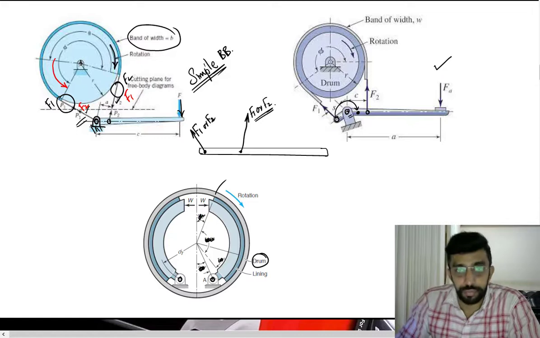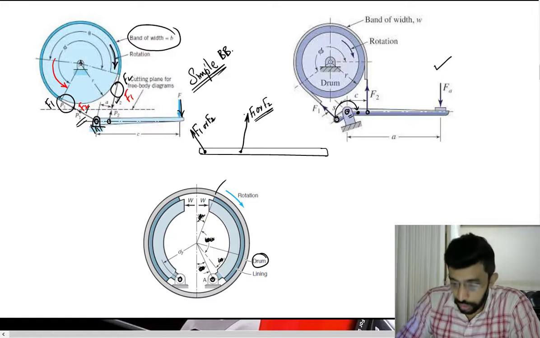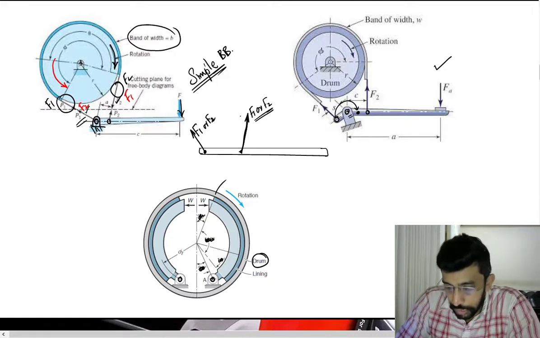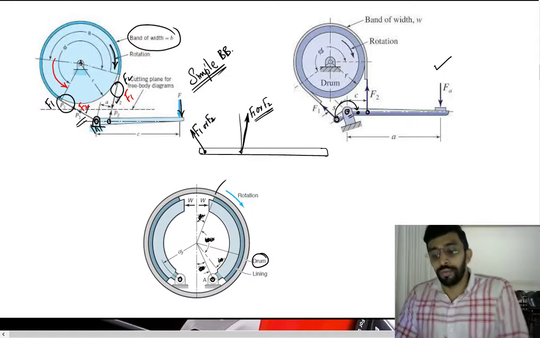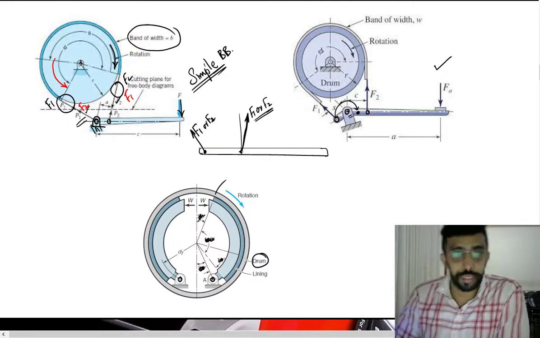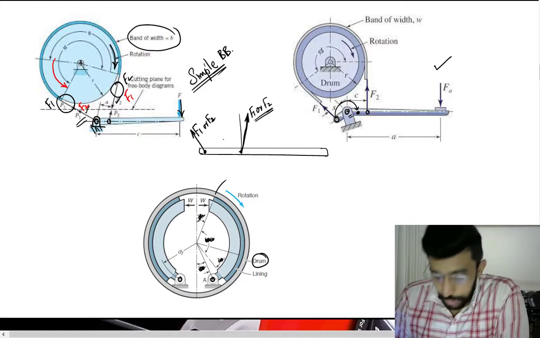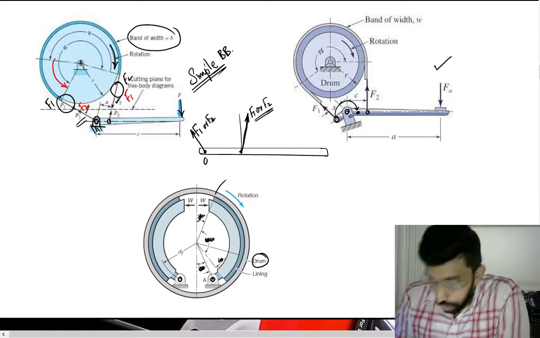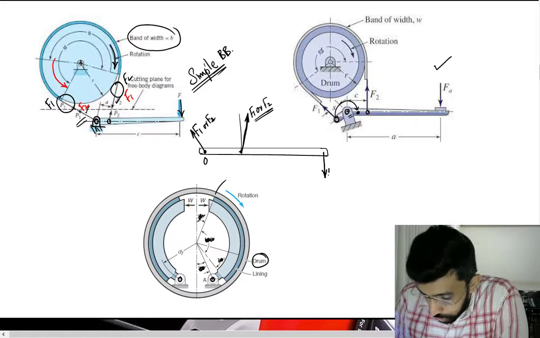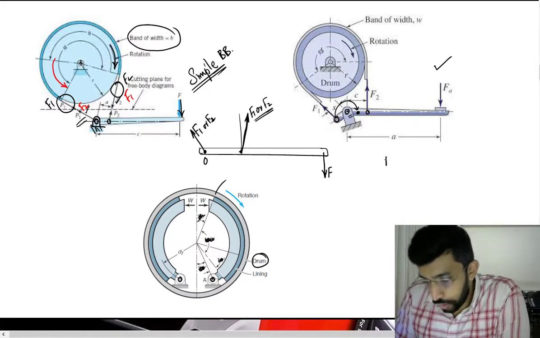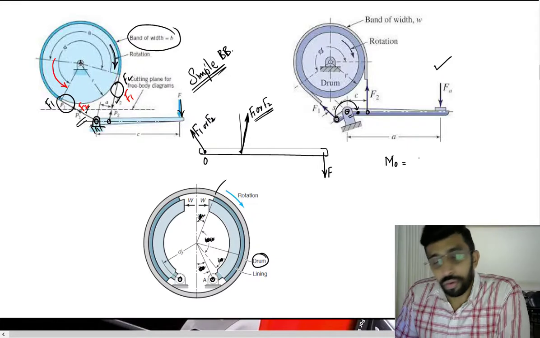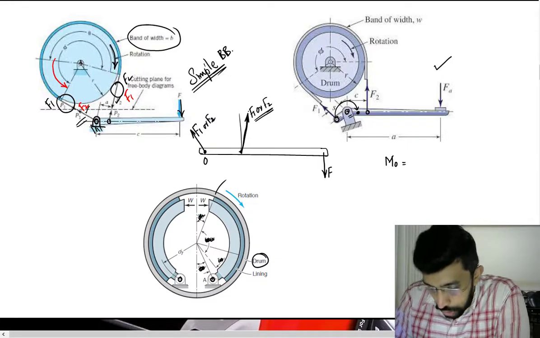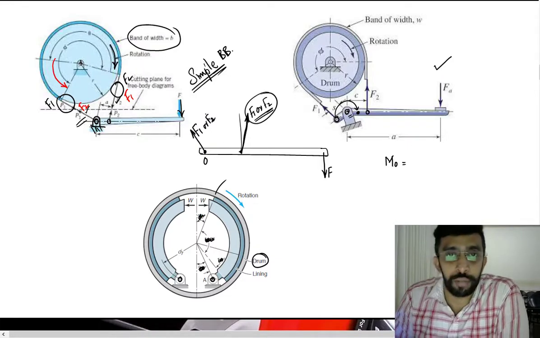For the simplicity of calculation, even if there is a slight inclination for this force, there is no need to consider that while taking the moment about the fulcrum O. Here you have applied the force here. This is the value of F. So when you take the moment about O, there is no need to resolve this force or any force on the brake drum.